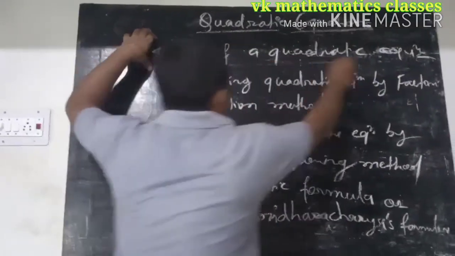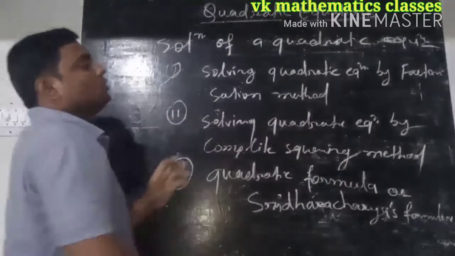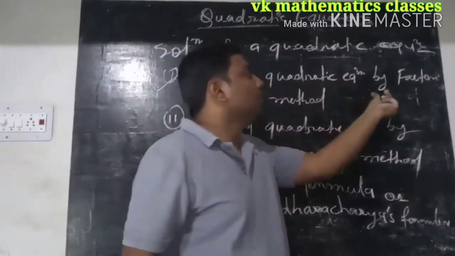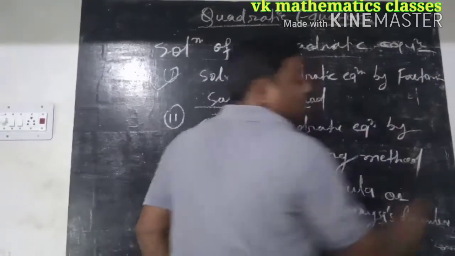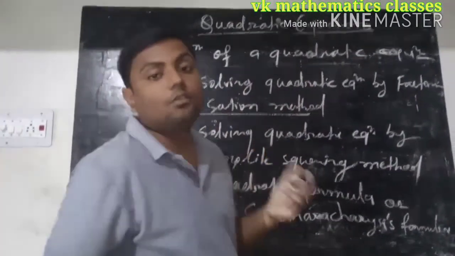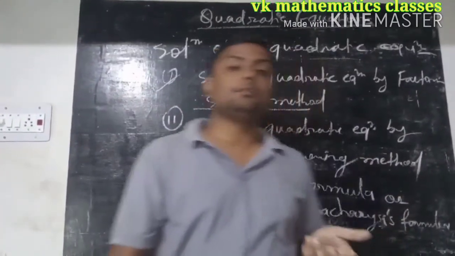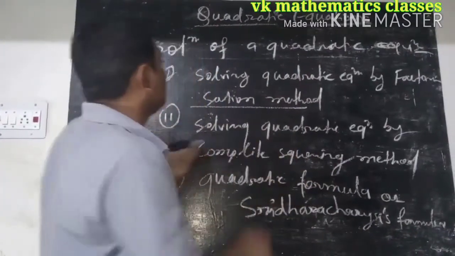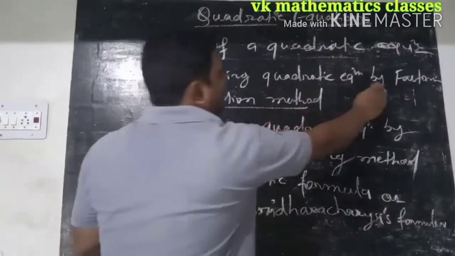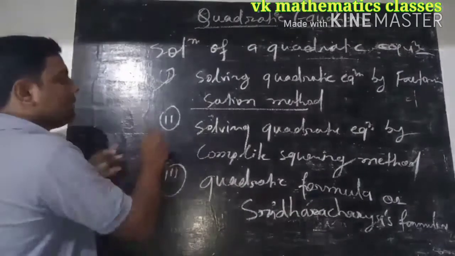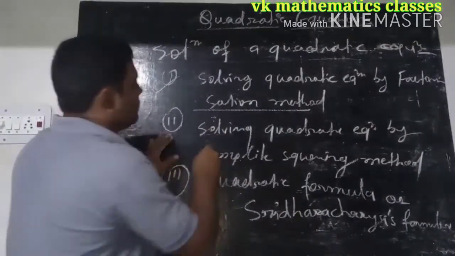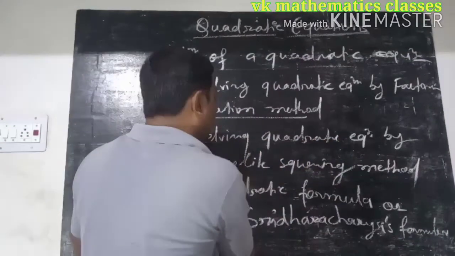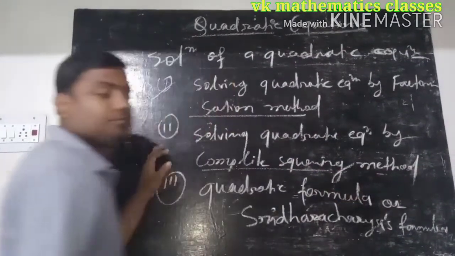First, solving quadratic equation by factorization method. This method we already studied in class 8 and class 9. Second, now we learn in class 10, solving quadratic equation by complete squaring method.